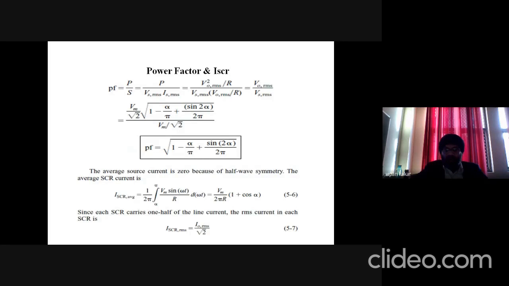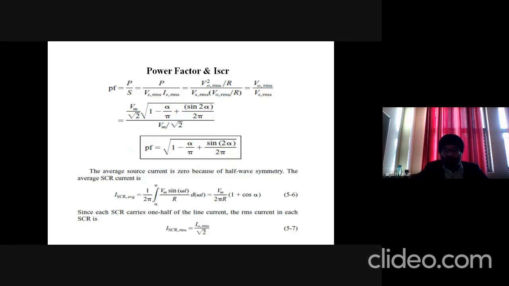And the power factor is the active power divided by the apparent power. After simplifying, we can have the expression of this. So the power factor is dependent upon the firing angle alpha.